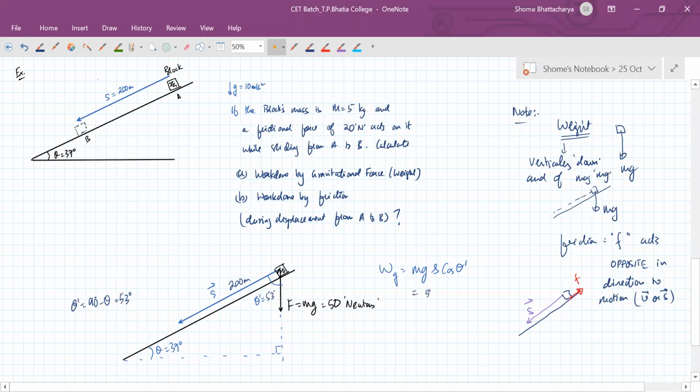So it will be 50 newtons multiplied by 200 meters multiplied by cos of 53 degrees, or you can say 6 kilojoules.